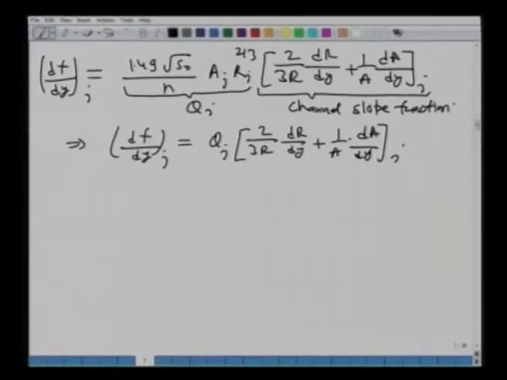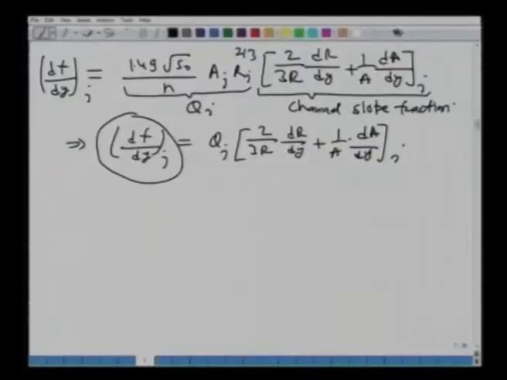Now we can substitute this quantity in the Newton-Raphson method. We already have the function, and now we have the derivative of the function. So, we can use the Newton-Raphson equation. Then y at j plus 1 is equal to y at j minus the function f(y j), which we defined as Qj minus Q, the error, divided by f prime.